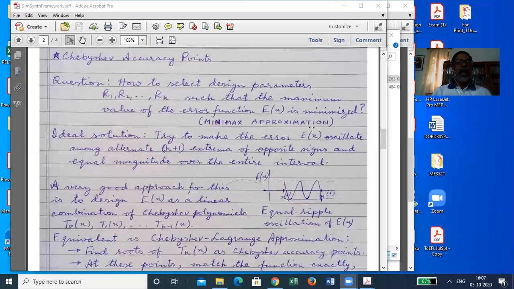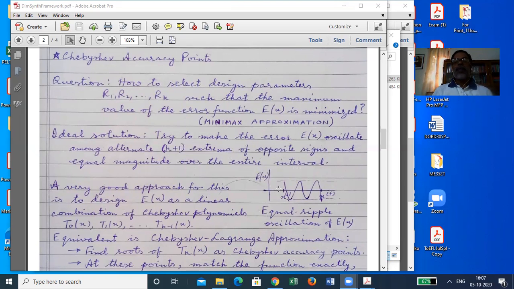Actually, I have one lecture on YouTube on that. So anyway, the ideal solution would be to try to make the error function oscillate among alternate k plus 1 extrema of opposite signs and equal magnitude over the entire interval, like this.